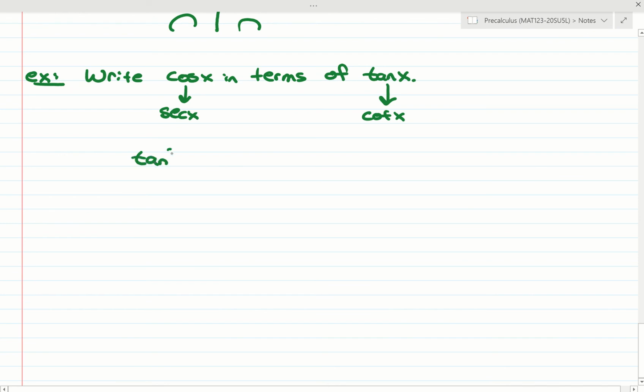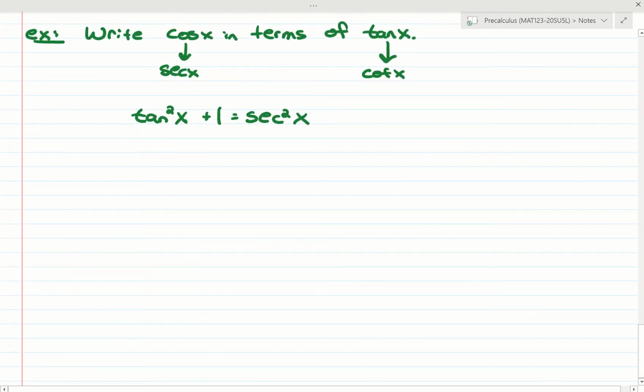If tangent squared of theta plus 1 is equal to the secant squared of theta, I think we wanted to use x, so just to make sure everything's good, we'll put x here. Let's try to get cosine in terms of tangent. So we already have tangent. Let's get a cosine.